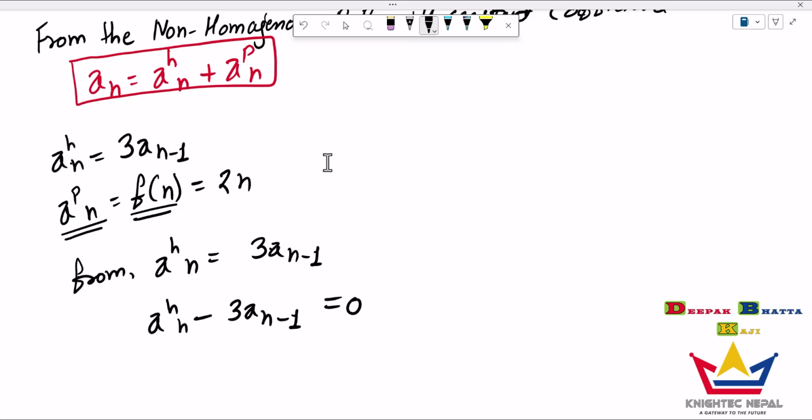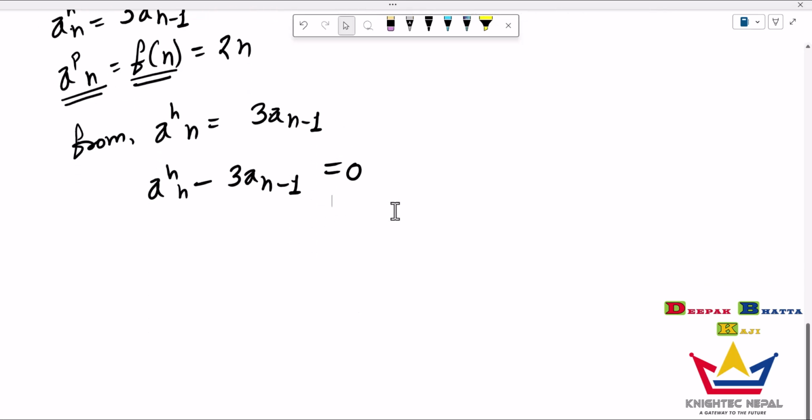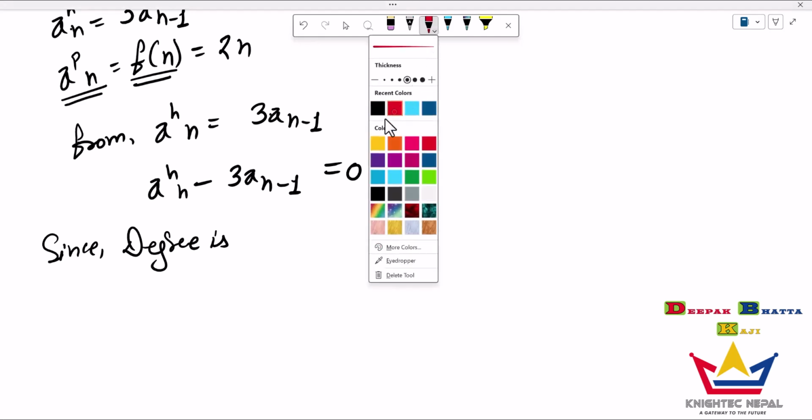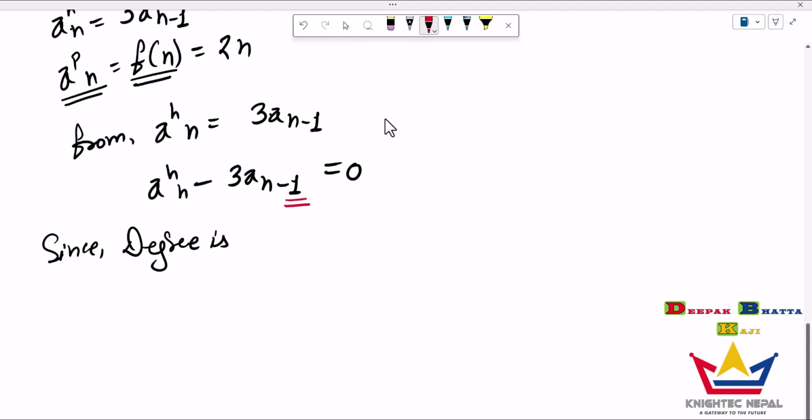We need to calculate the degree. Here the degree you need to find. If here it is 2, then the degree is 2. Here we have 1, so the degree is also 1.